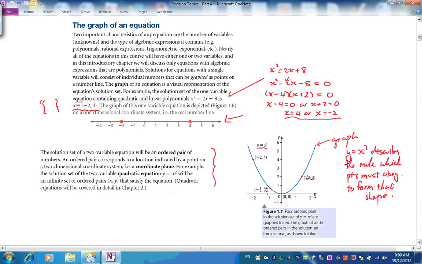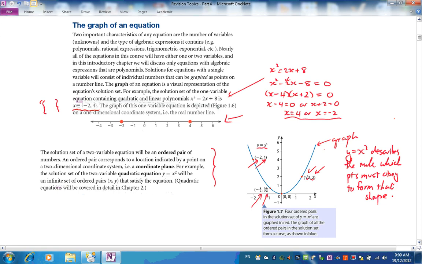It says if x is -2, y must be -2 squared, or 4. If x is √2, y must be the square of √2, or 2. If x is -4/5, y must be the square of that, which is 16/25, a positive 16/25.